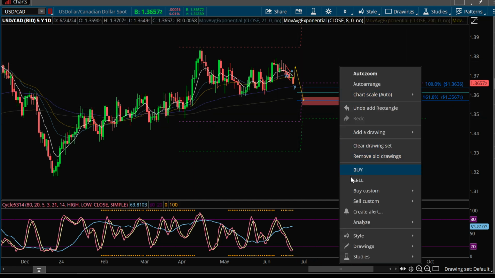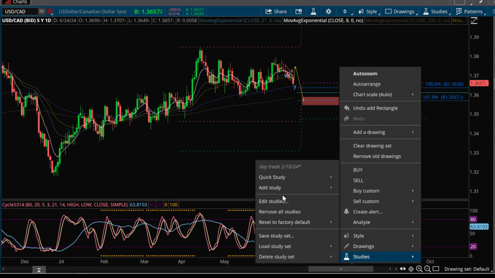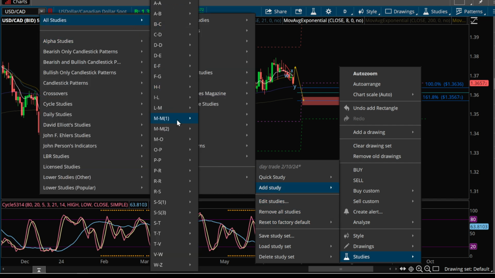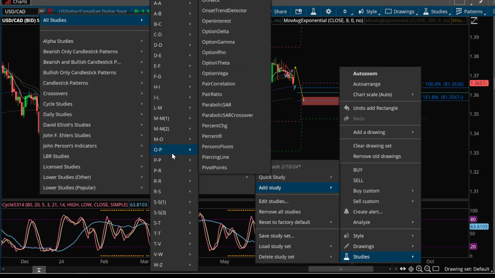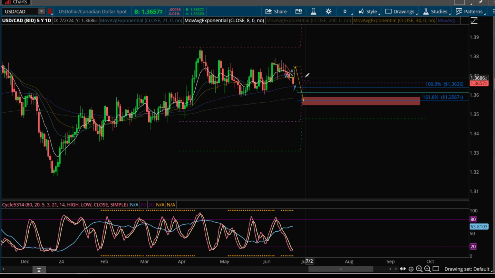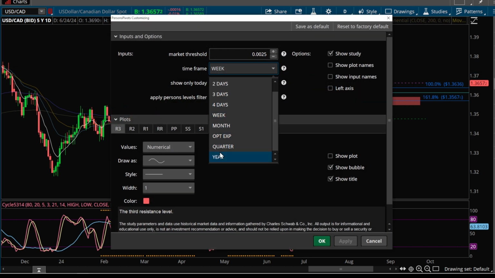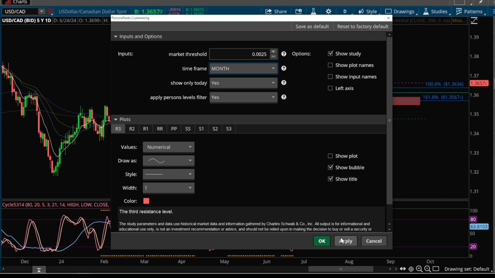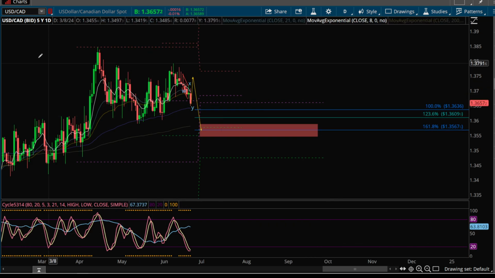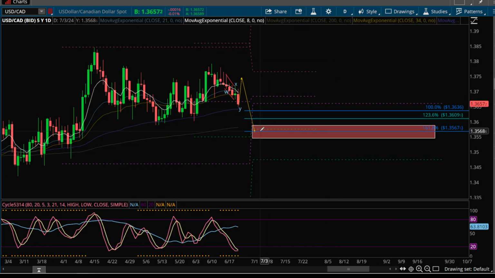And if I put monthly pivots on as well, all right, we'll add another pivot point and we'll change this to monthly. You're going to see that your monthly S1 lines up at your 1618 and your next quarter's midpoint.